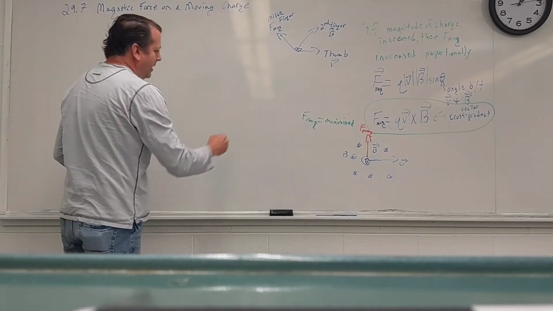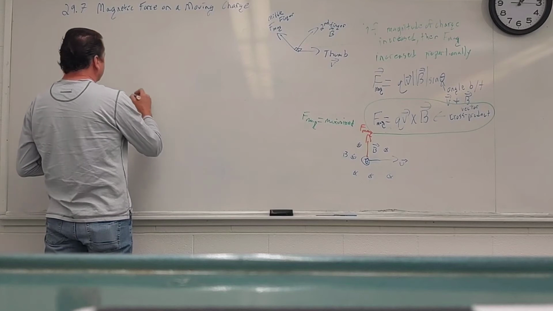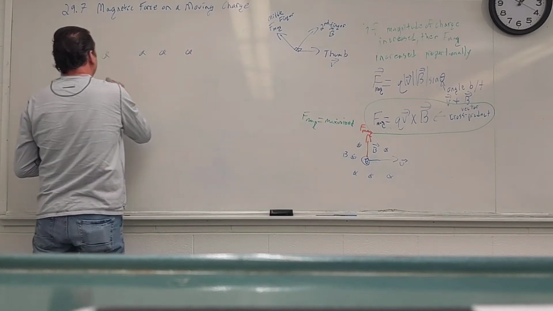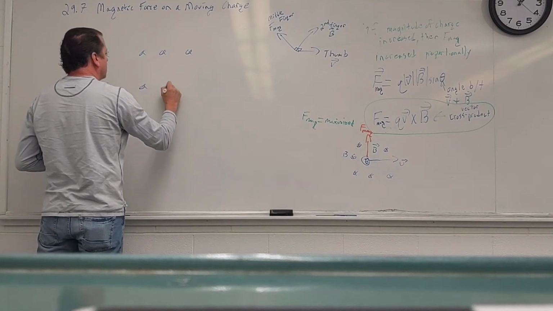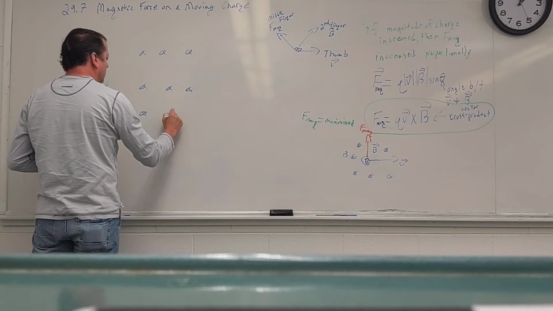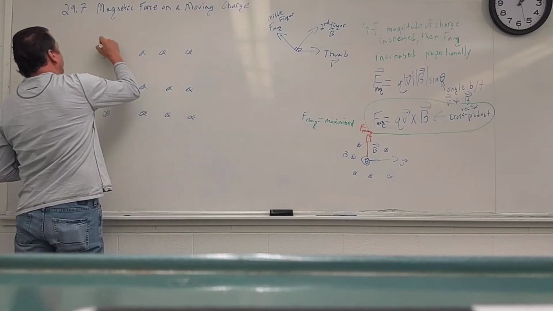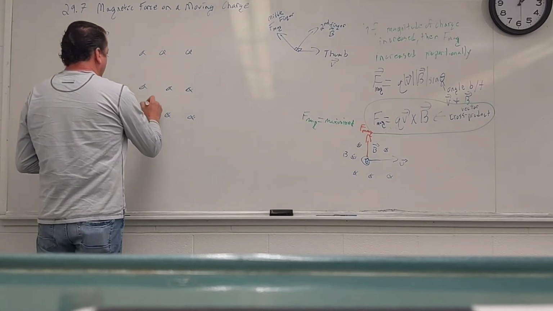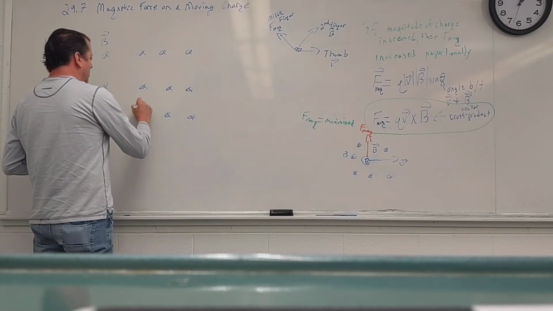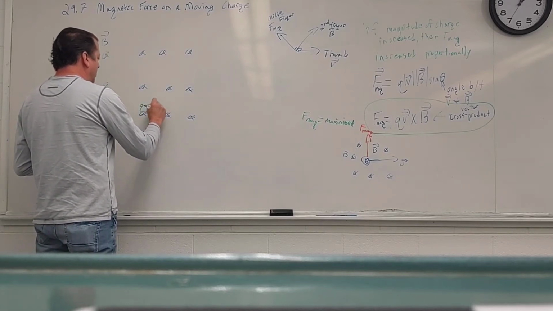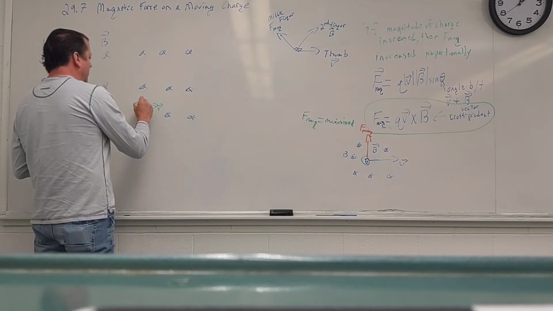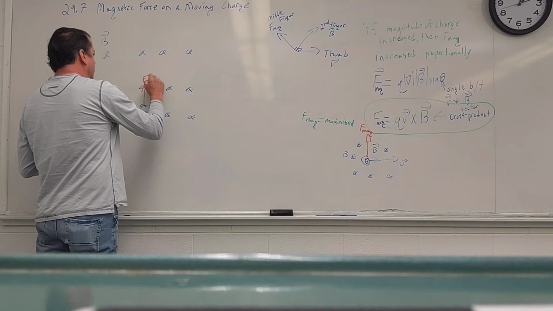Now let's use the same situation. We have our B field into the board, and there's my charge. At this point it's going this way, but there's a force on it in this direction.